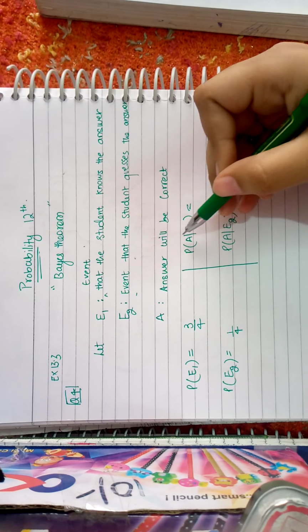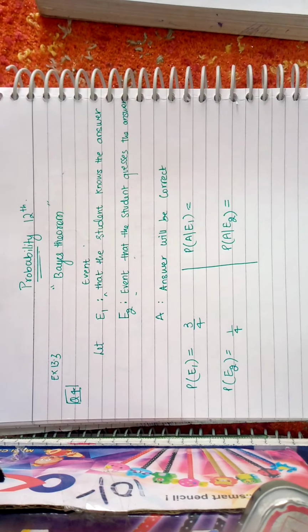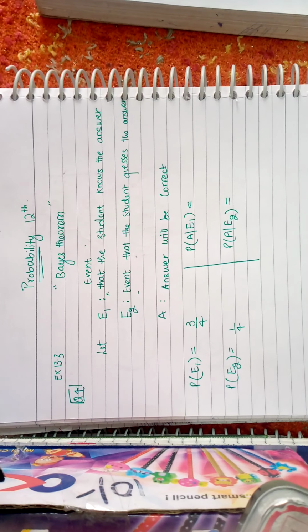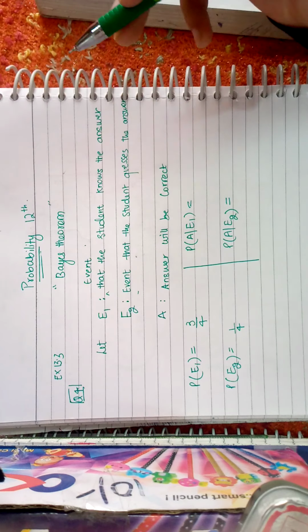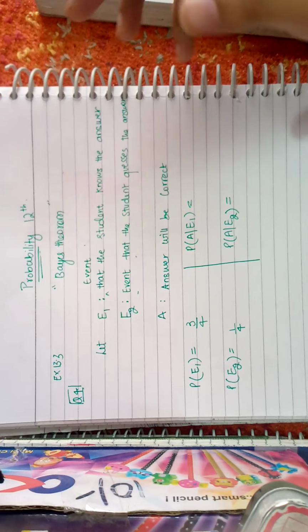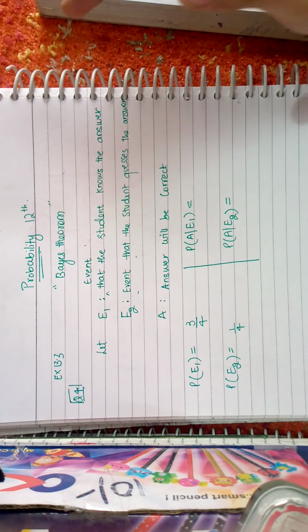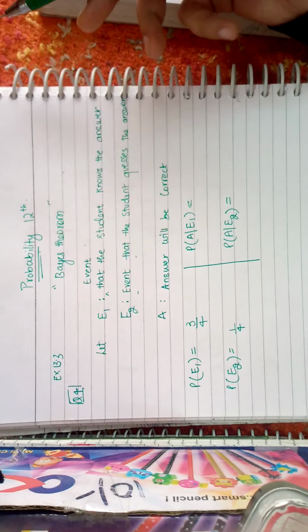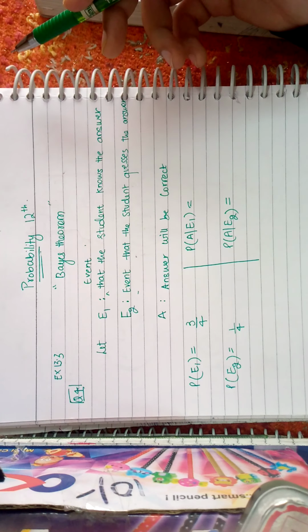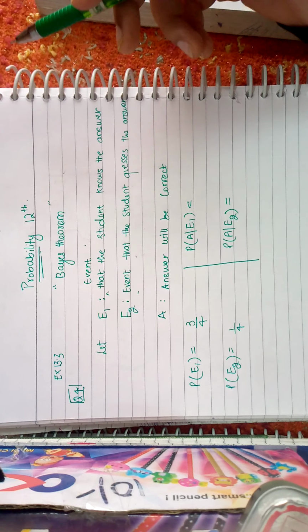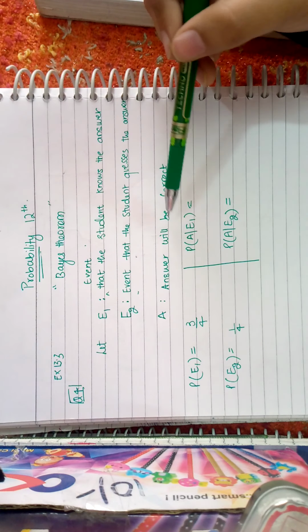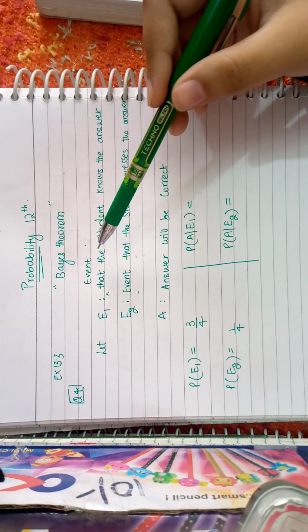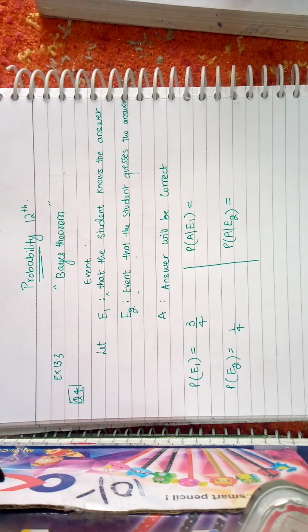Now what is this, A/E1? A stroke E1 represents the conditional probability. In Bayes theorem we always use conditional probability, so to understand a Bayes theorem question, a student should know conditional probability in detail. It represents that the answer will be correct when the student knows the answer.